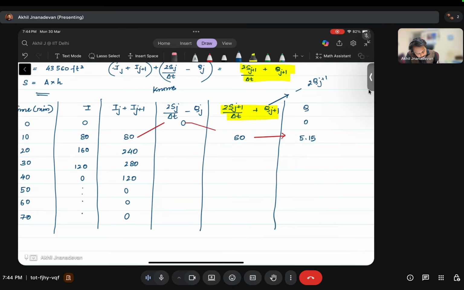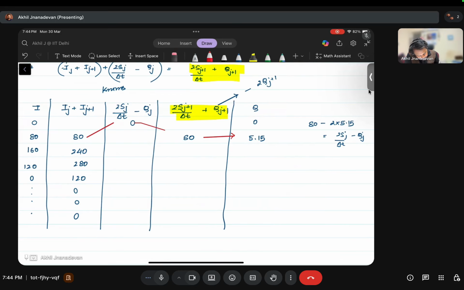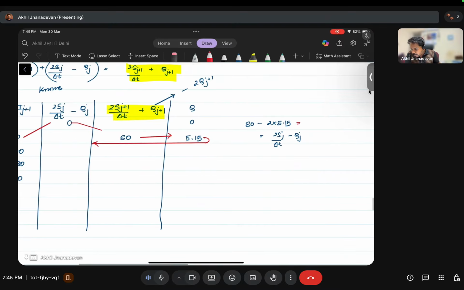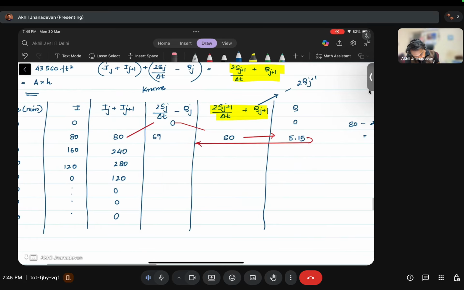So if I subtract 80 minus 2 into 5.15, I'll get this particular column, that is equal to Sj by delta t minus Qj. I'll do that subtraction and it will come around 69.7. So I can write that value here, 69.7. So one cycle is complete now.